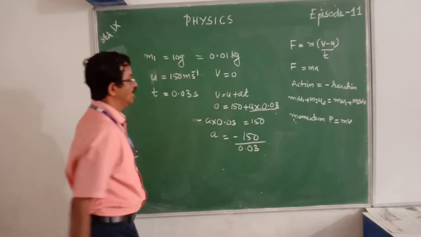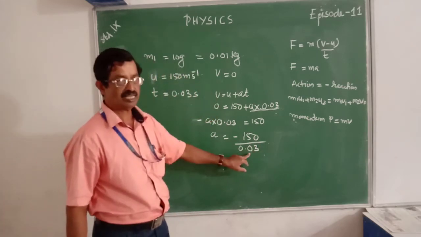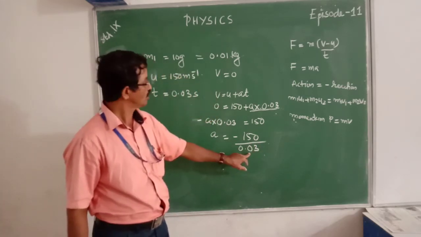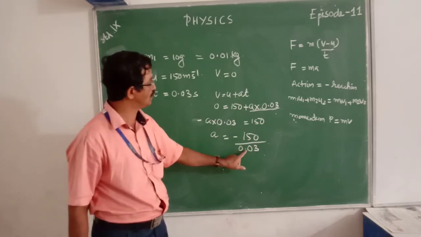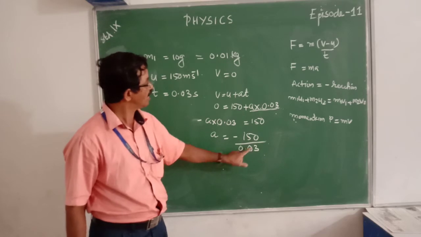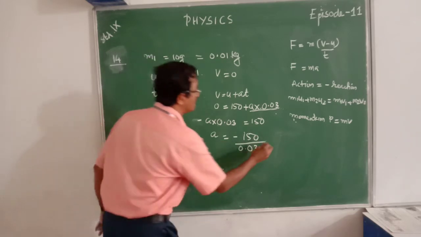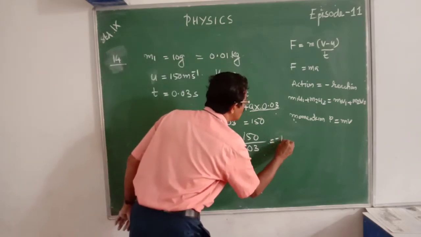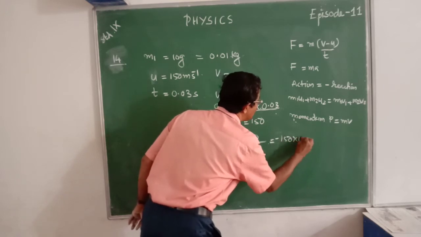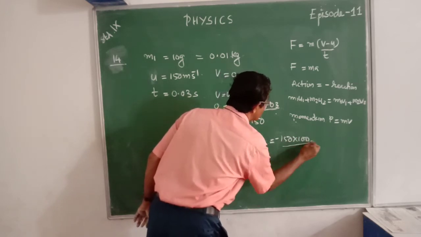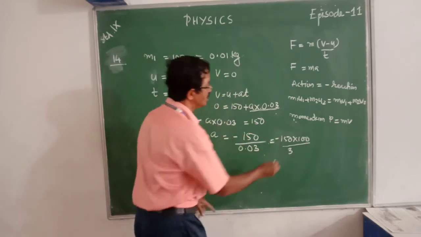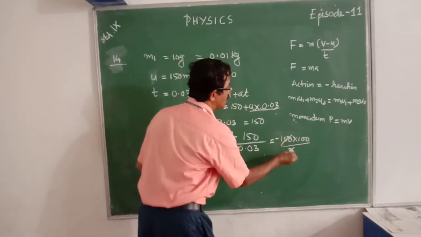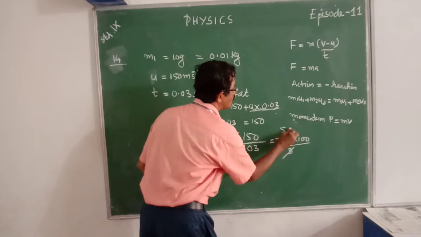Then a is equal to minus 150 divided by 0.03. Now here there are 2 decimals. To remove the decimals, first of all we can multiply with 100. Then it becomes minus 150 into 100 divided by 3. The 150 and 3 we can cancel: in 15, 5 times, and 0.